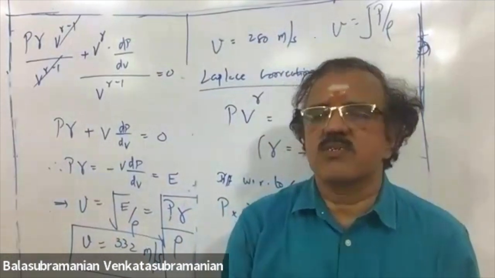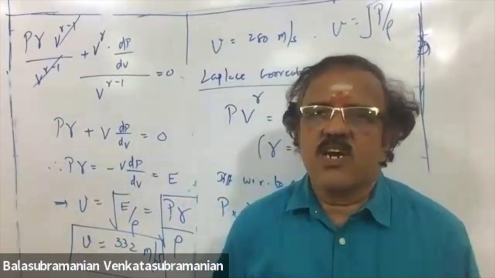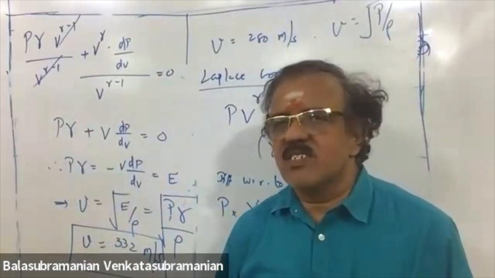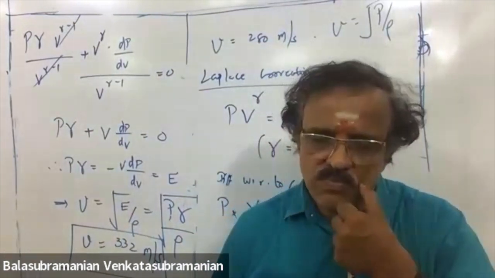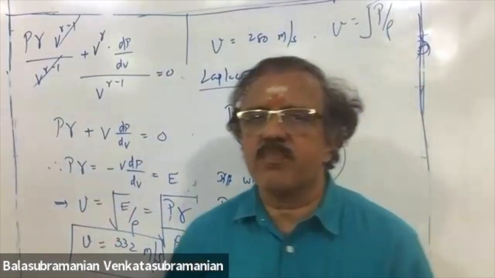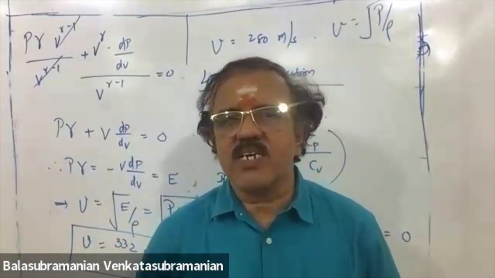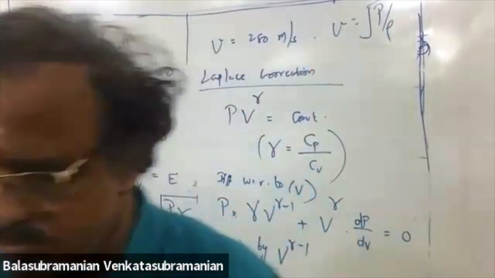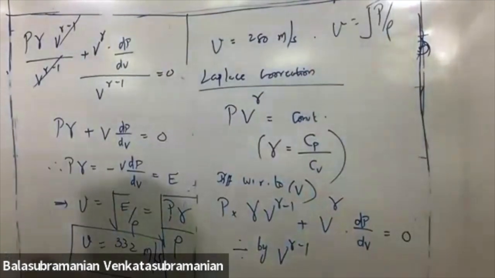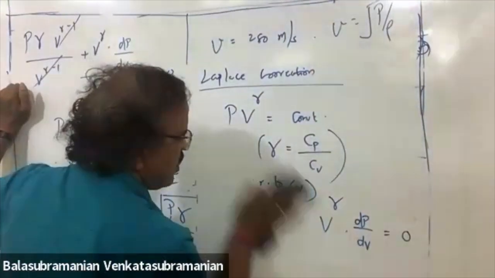Of course, this is for 0 degrees Celsius, not at room temperature. At room temperature it changes; we will see. So for 0 degrees Celsius, this is the formula: 332 meters per second, velocity of sound in gas by Laplace correction. So we are going to use this formula for our further discussion.